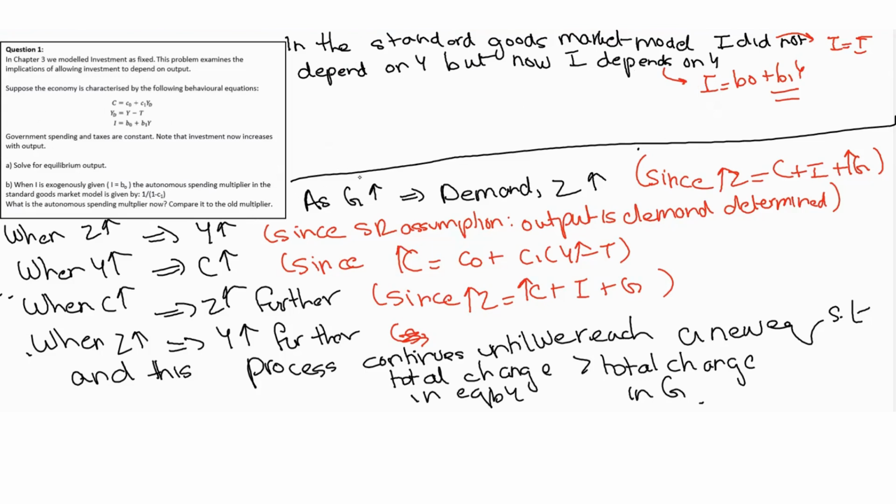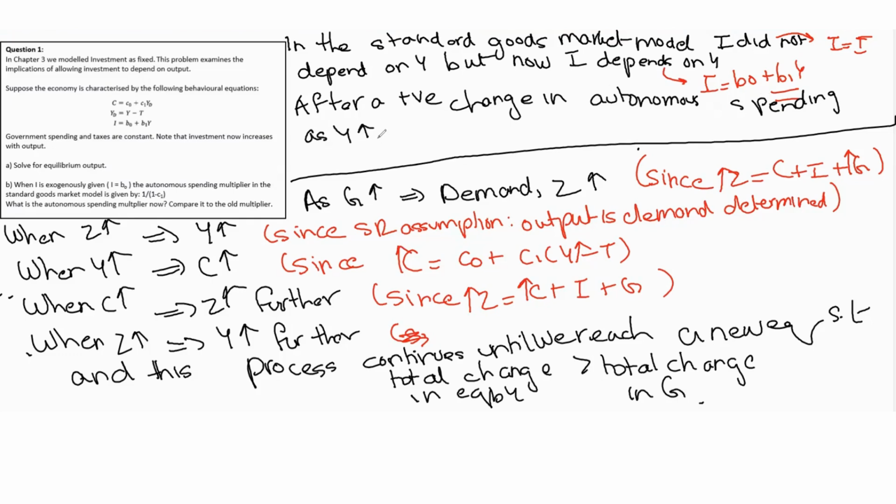So now after a positive change in autonomous spending, like the increasing G we had, as Y increases, now not only C increases, but I increases also.